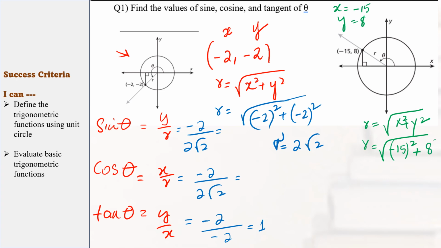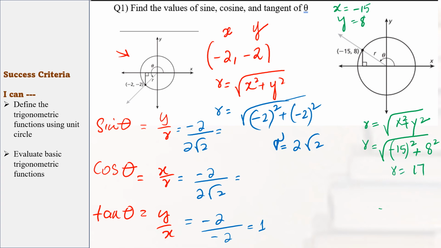Otherwise, your answer will be wrong. So write in the calculator square root of (-15) whole square plus 8 square. And the answer is 17. So our r is 17.